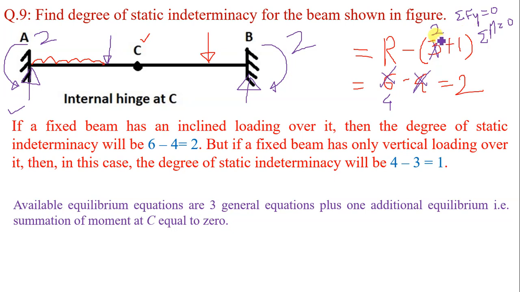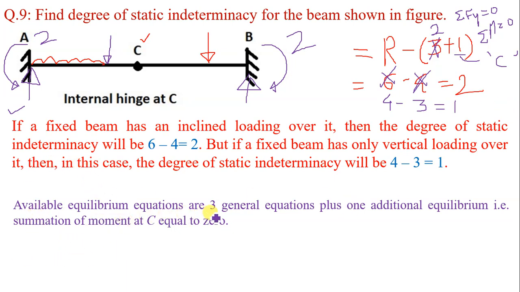Plus an additional equilibrium equation because of the hinge at C. So we have 3 equations. So 4 minus 3 is equal to 1.